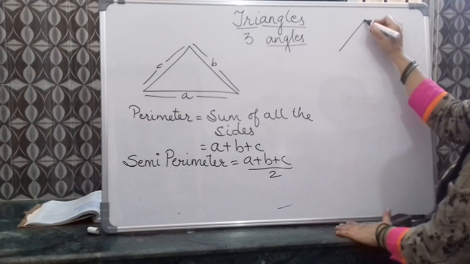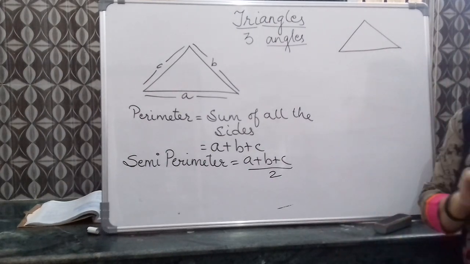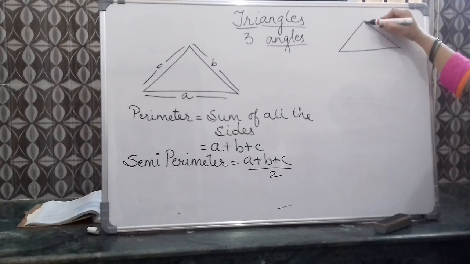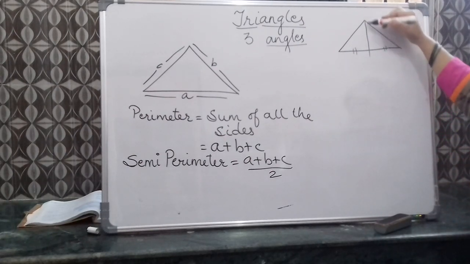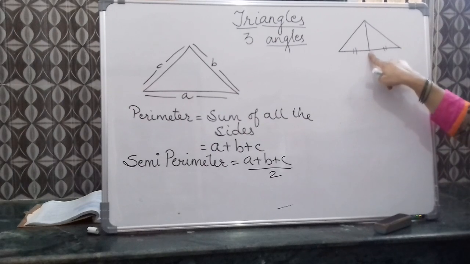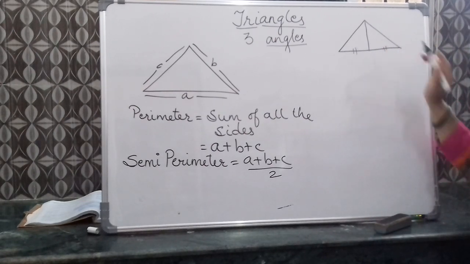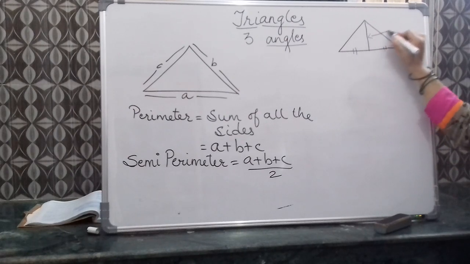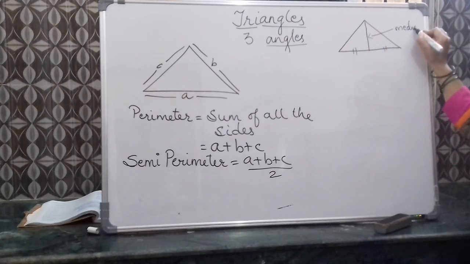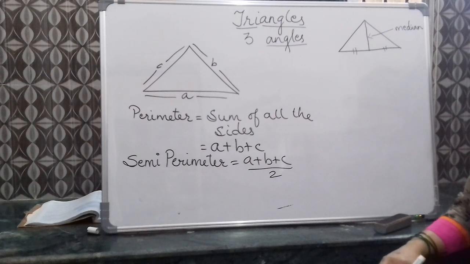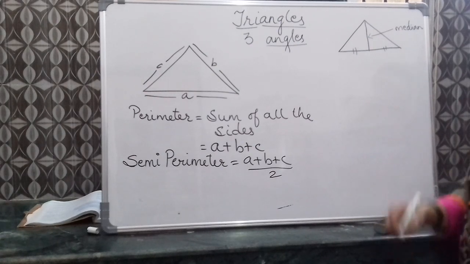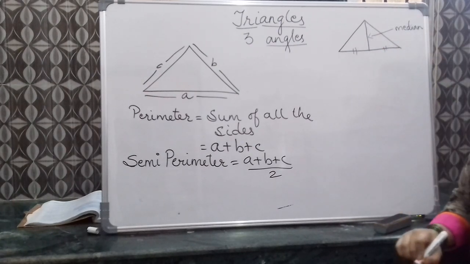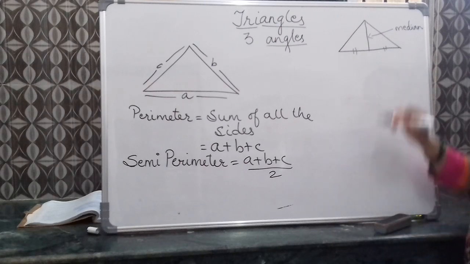If I have a triangle, and in this triangle one line comes up from the top, falling on the base, and it divides that base into equal halves, we call such a line a median. So a median is a line which comes up from the vertex to the opposite side, and it divides that side into equal halves, and therefore it is known as a median.